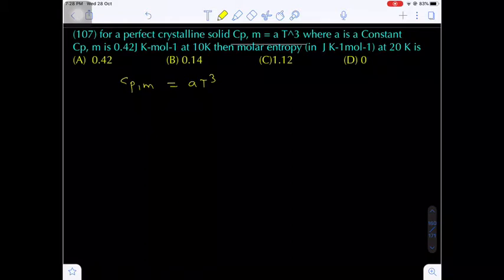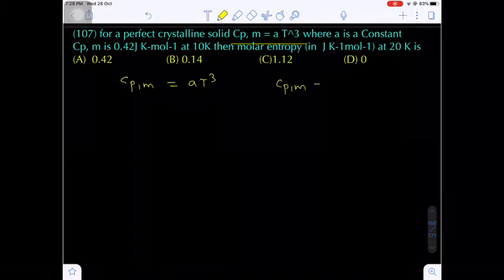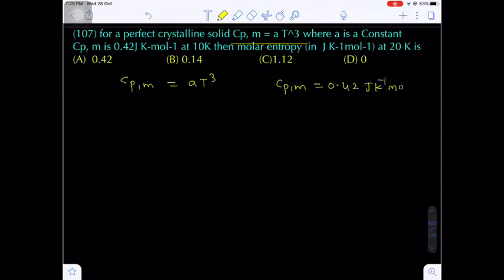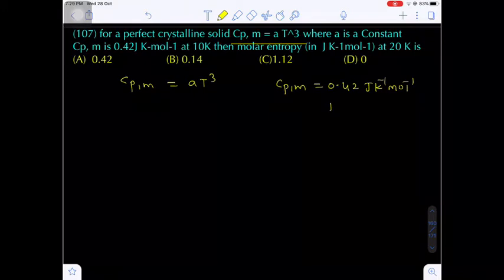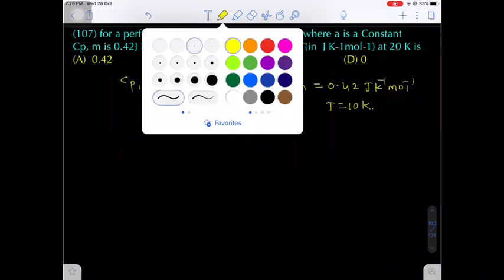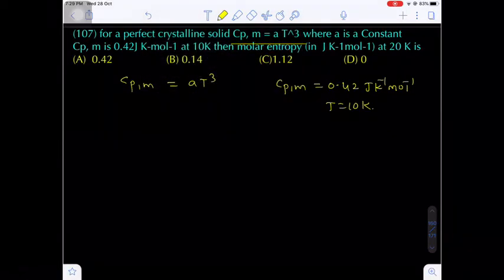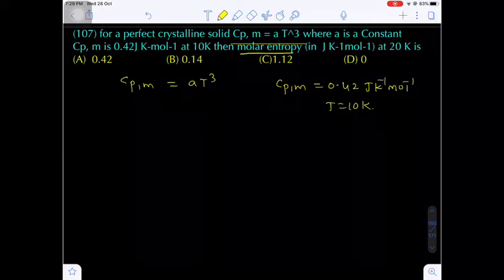And the molar heat capacity at constant pressure is given as 0.42 joule per Kelvin per mole at the temperature 10 Kelvin. Now the question is, find the molar entropy.